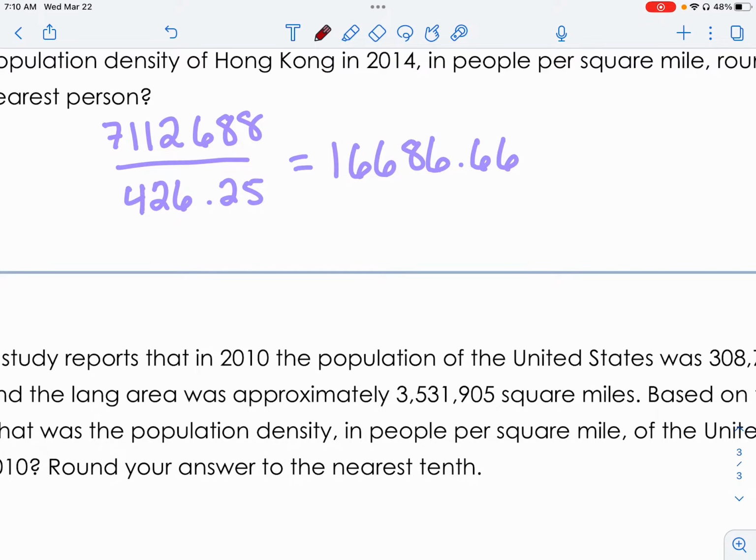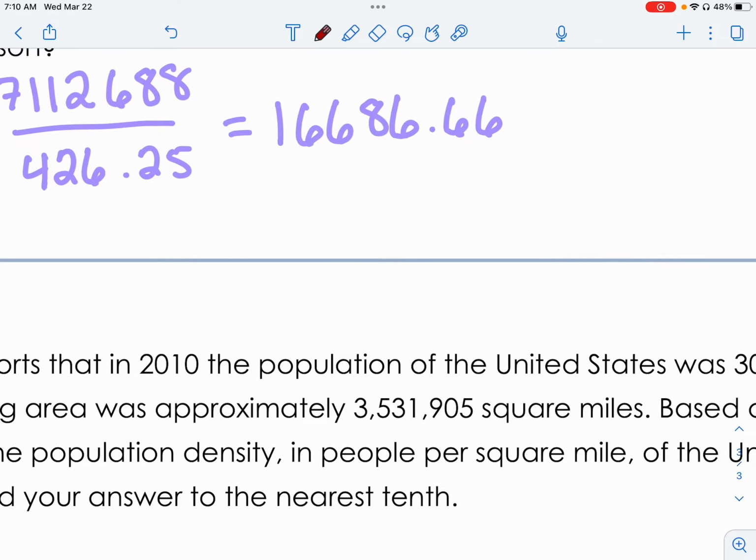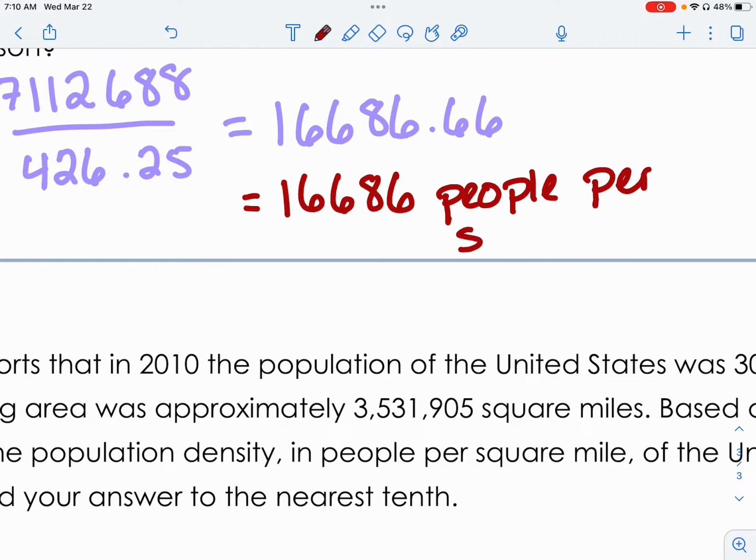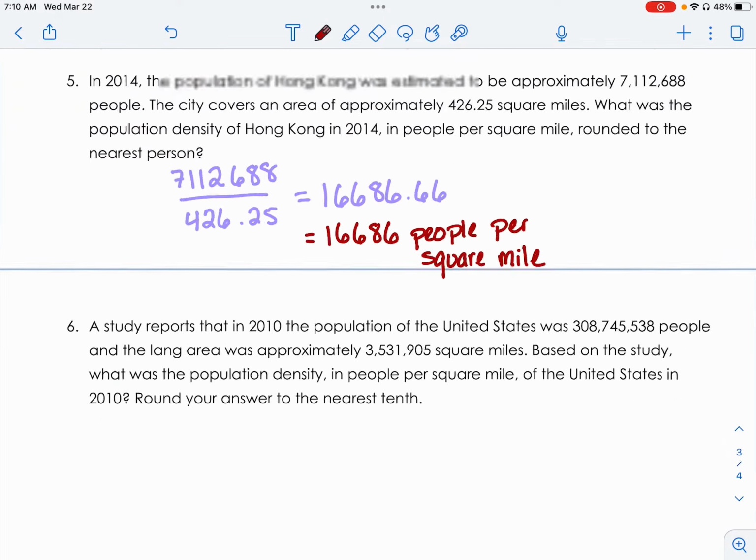So when you're asked about people, you have to round your answer down to the nearest person. So in our case, this would be 16,686 people per square mile. So you round down to the nearest whole person.